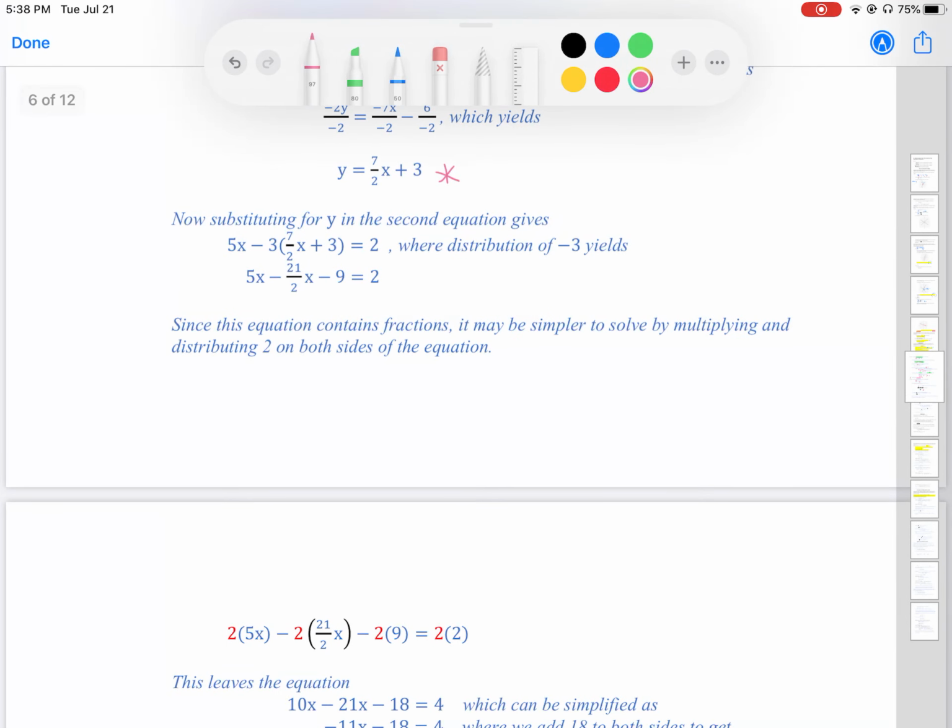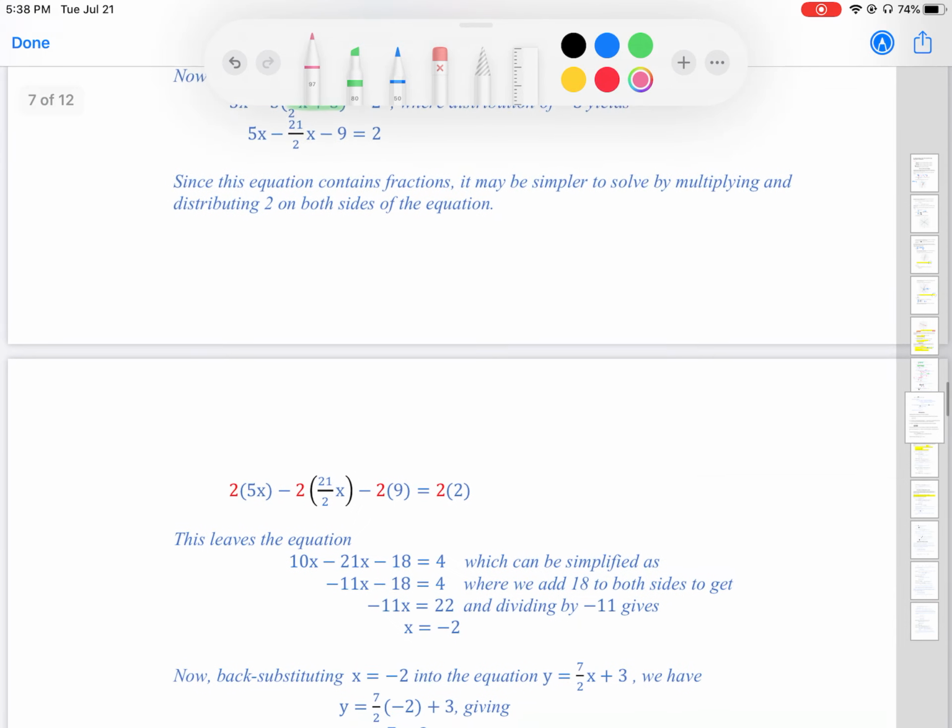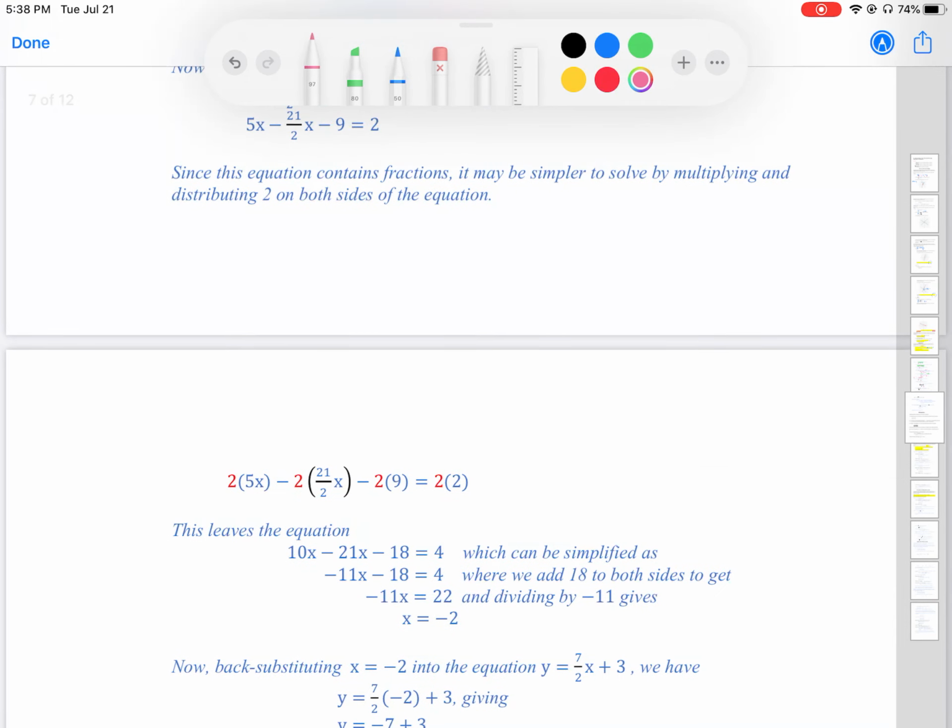All right, let's plug that into our other equation for y. So instead of y, I'm going to write my equation as we see here. Now I have to do some algebra to clean it up. So I distribute the 3, and we're left with 5x minus 21 over 2x minus 9 equals 2. Since the equation contains fractions, it may be simpler to solve by multiplying and distributing a 2 on both sides.